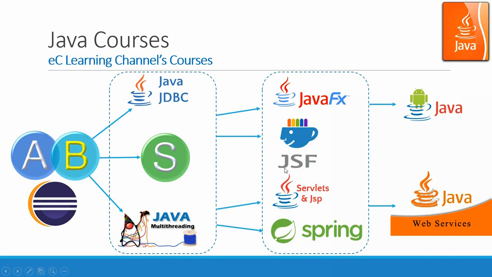And we have JavaServer Faces, servlet and JSP, and the Spring framework. These together will serve for the system application in Android cell phone systems or web services. And these are the courses we will develop in the future. So far we have A, B, and now we are working on S and a multimedia course, and JDBC and JavaFX.